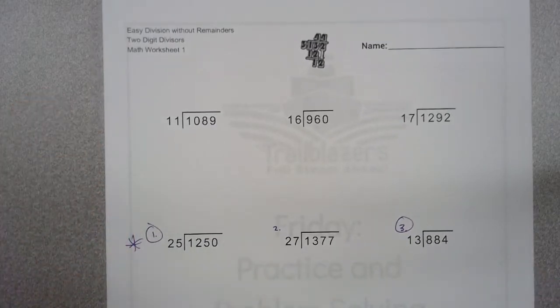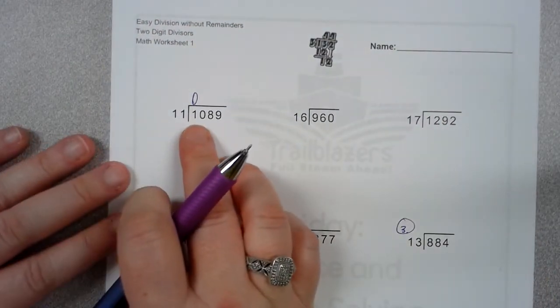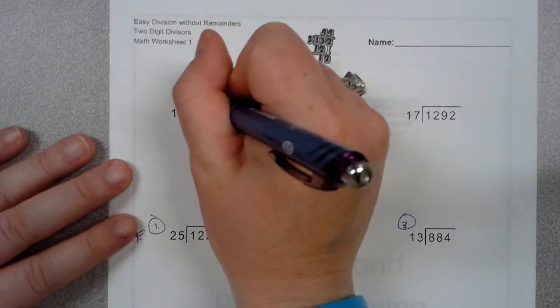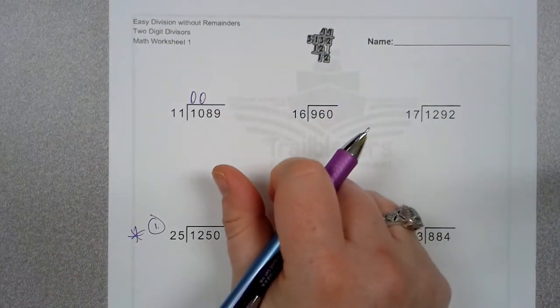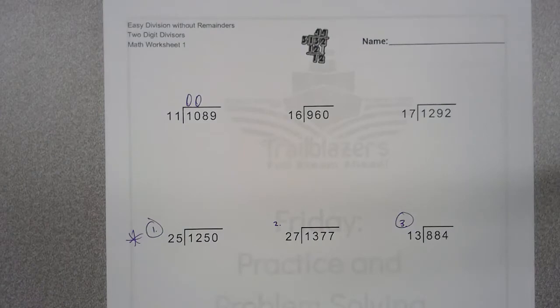All right, so I have 1,089 divided by 11. So how many times will 11 go into 1? Unfortunately, 0 times. How many times will 11 go into 10? 0 times. Even though it's really close, it's still 0 times. How many times will 11 go into 108? Now, I know that 11 times 10 is 110.